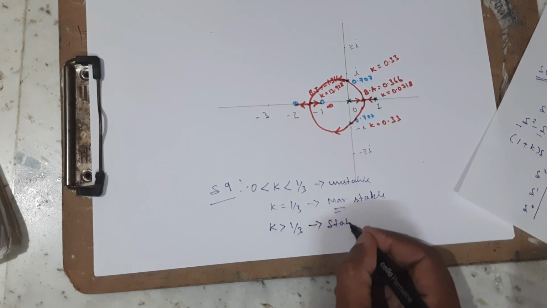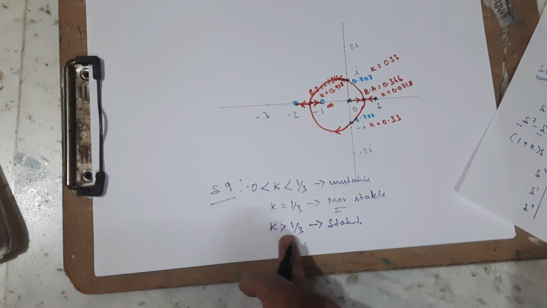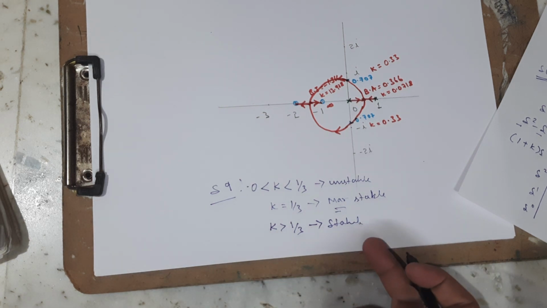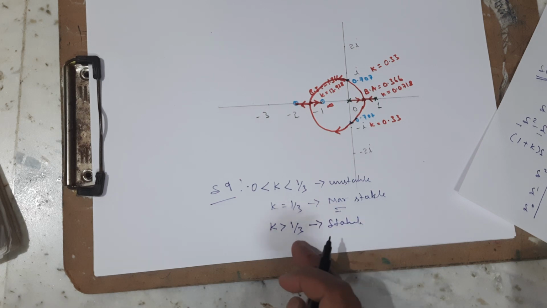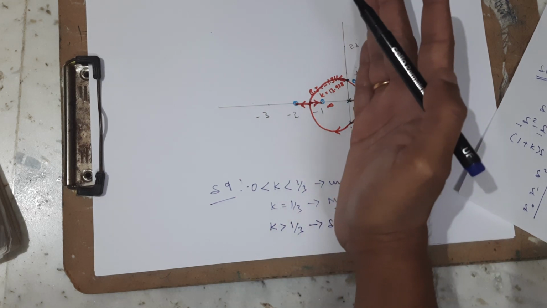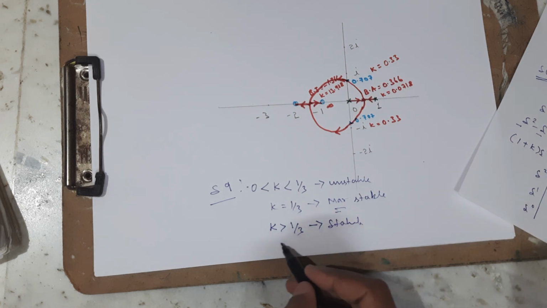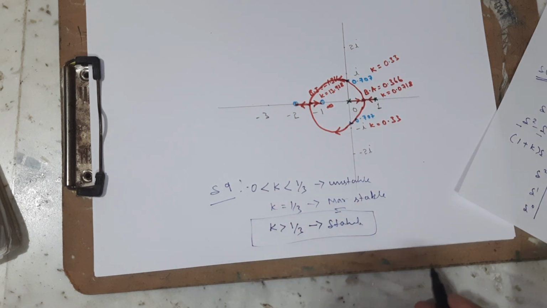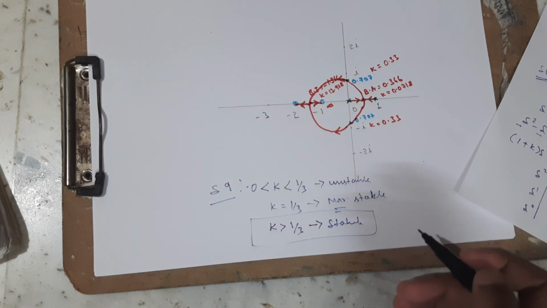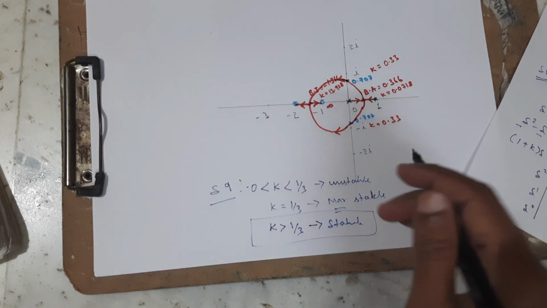Why is it stable? For all the values of k greater than 1 by 3, the system is toward the left side of the S plane. So then the system is called stable, right? So k must be greater than 1 by 3 to infinity for the system to be stable.